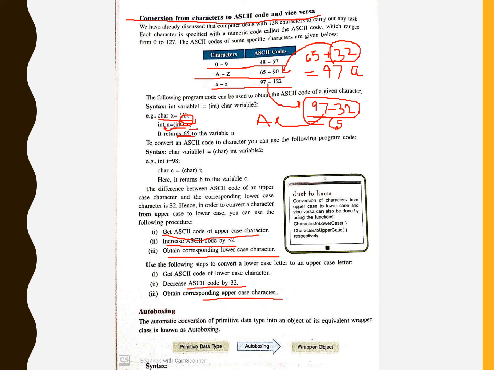So a wrapper class converts the primitive data type to an object data type and the object into a primitive data type. So there are two types of processes, auto boxing and unboxing. Auto boxing means the automatic conversion of a primitive data type into an object of its equivalent wrapper class is known as auto boxing.